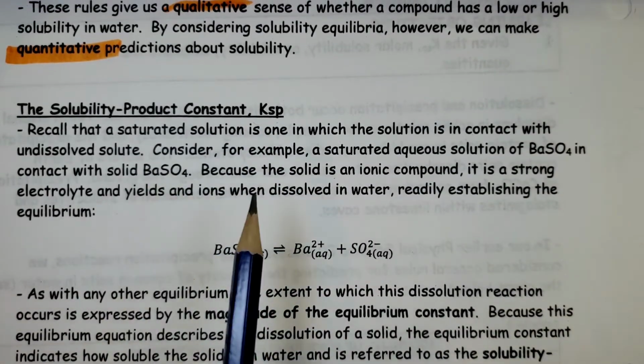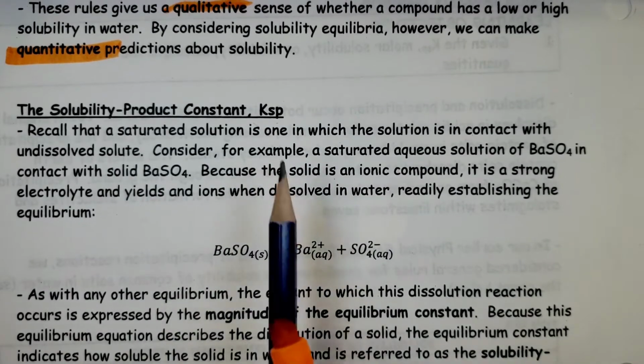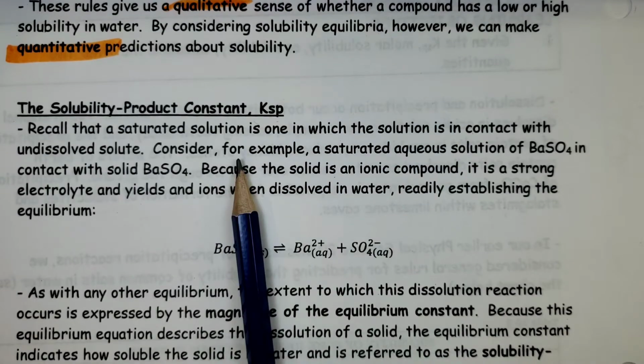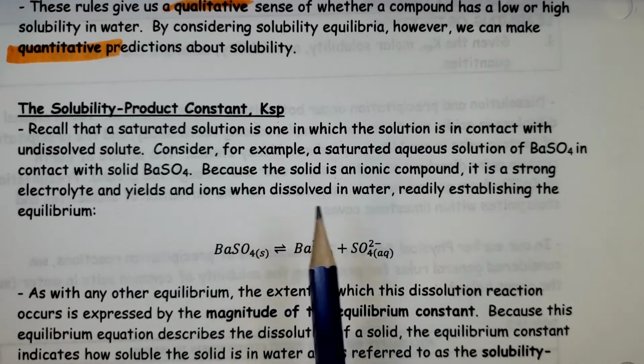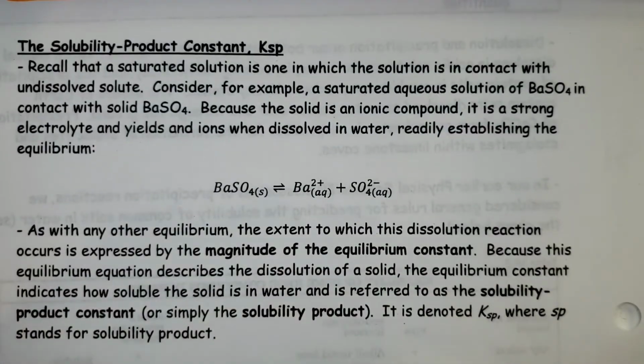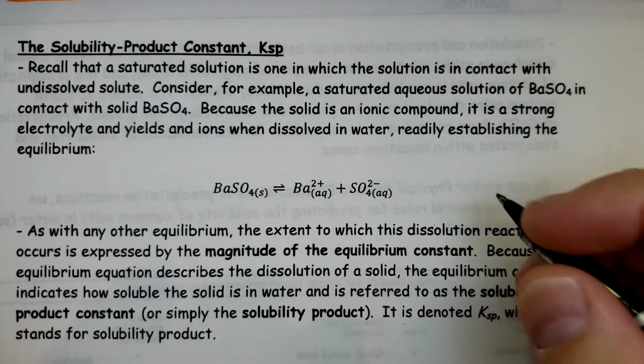So recall that a saturated solution is one in which the solution is in contact with the undissolved solute. So for example, a saturated solution of barium sulfate in contact with solid barium sulfate. Because the solid is an ionic compound, it is a strong electrolyte and yields ions when dissolved in water, and it establishes the equilibrium.